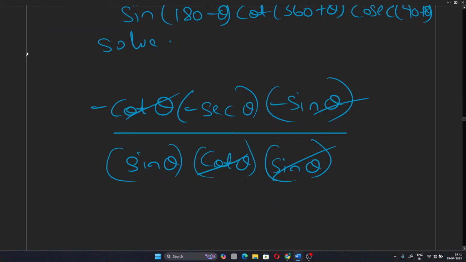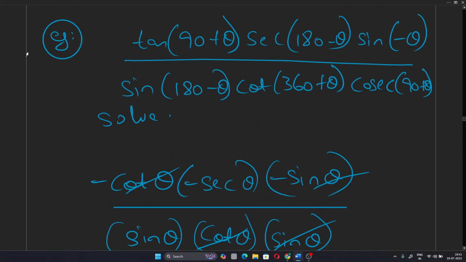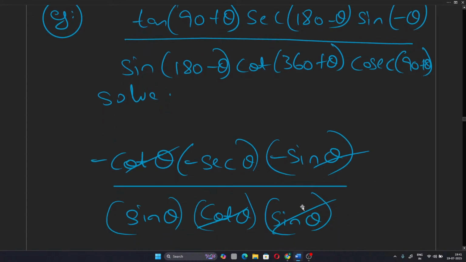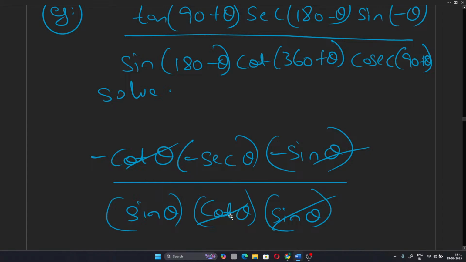There might have been a mistake. Tan 90 plus theta is minus cot theta, secant 180 minus theta is minus secant theta, and sine minus theta is minus sine theta, sine 180 minus theta is sine theta, and cot 360 plus theta is cot theta.